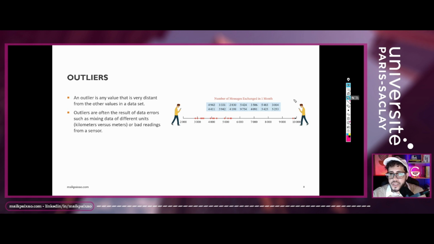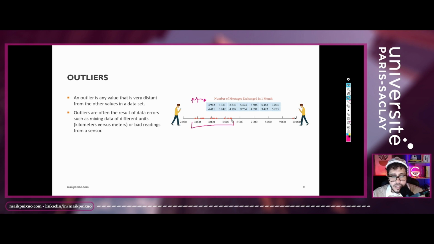Okay, so we have here 14 data points, right? Measuring the number of messages exchanged by the users, and we can see that most of our data lies between 3,000 and 5,000.